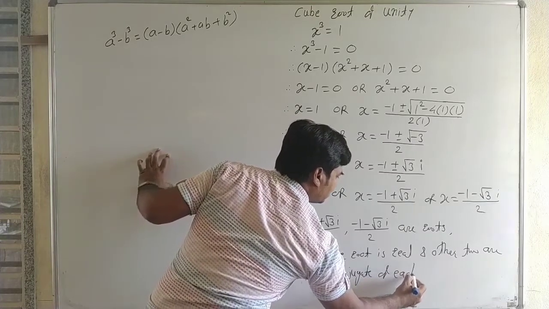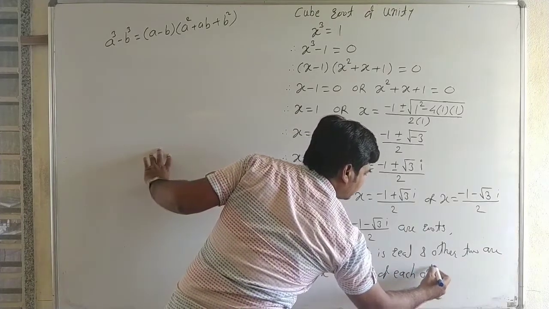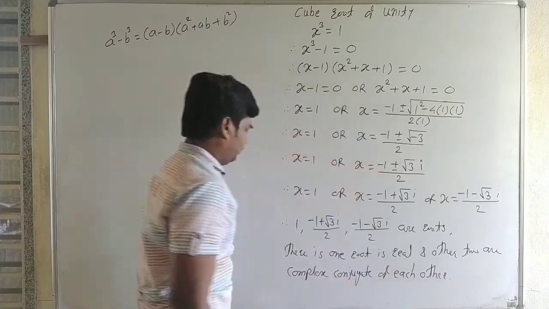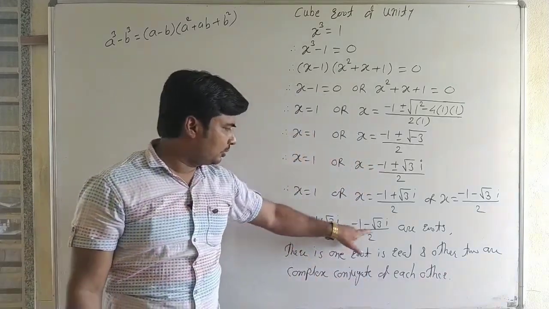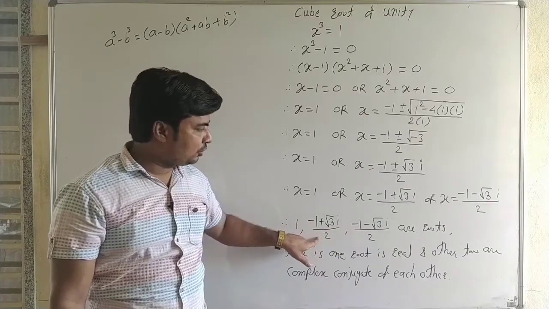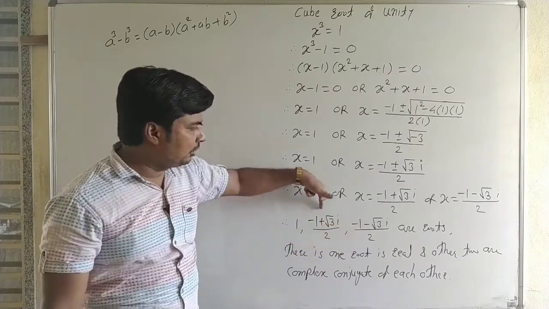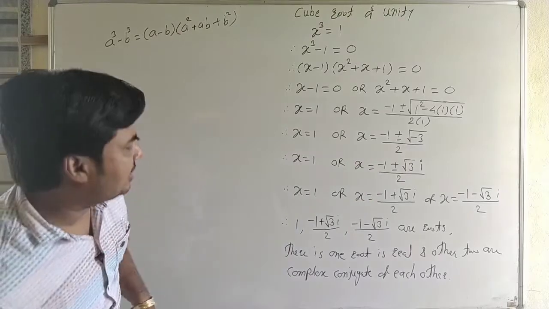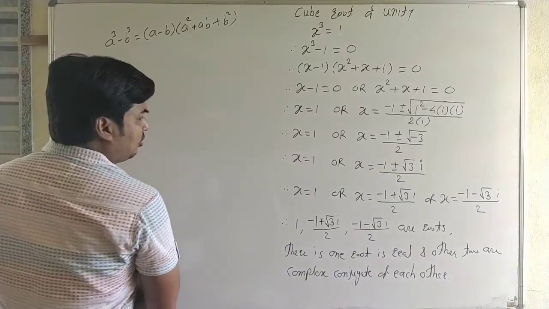Now it is a real root and the others are complex numbers. These two roots are complex conjugates of each other. These are the three roots. Now we consider these complex roots.